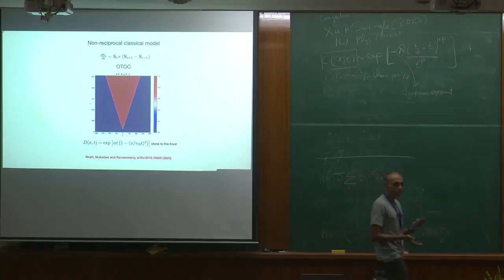But then if there's a particular kind of drive that is given to these systems, there's a particular way in which you can pump energy into these systems, you can end up with effective dynamics which is non-reciprocal.